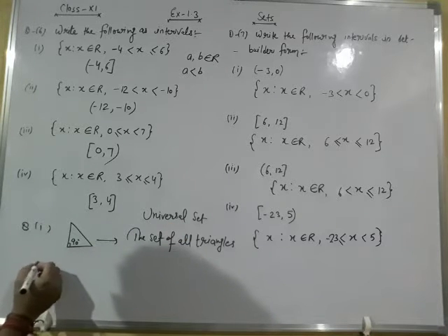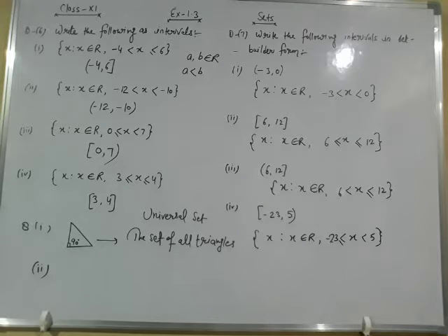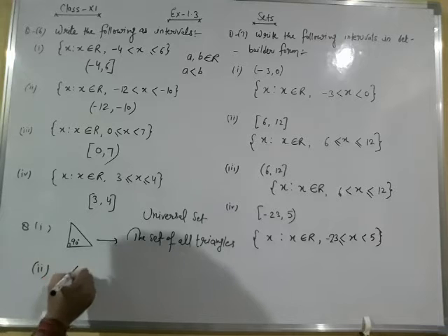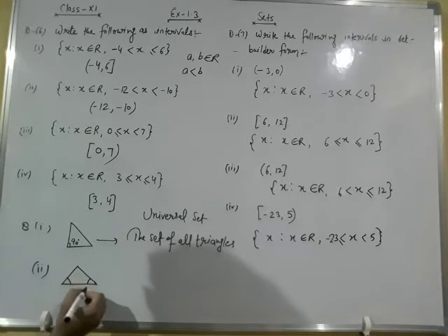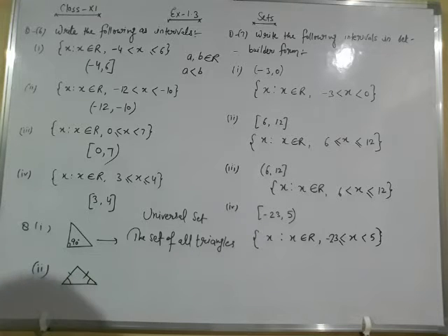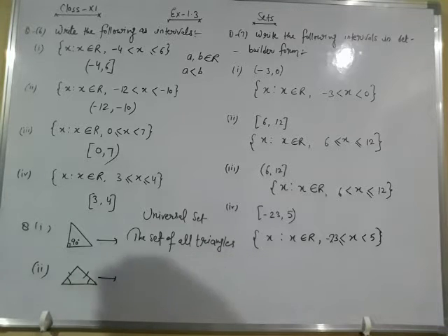In the second part of question number 8, the set of isosceles triangles. In an isosceles triangle, both these angles are equal and both the opposite sides are equal. Okay, and we know this is an isosceles triangle. So we have to say the universal set for this kind of triangle.